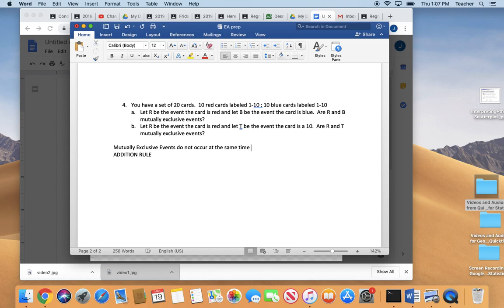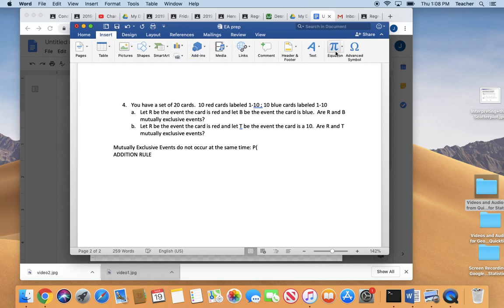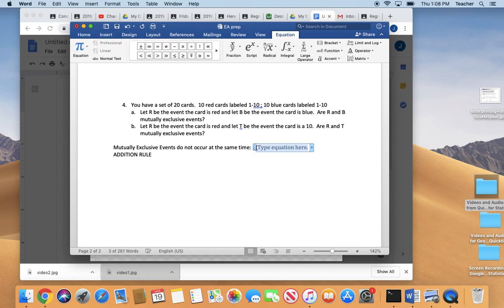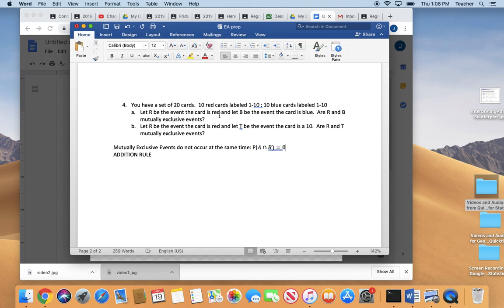And we know that means that the probability of A and B, when you have mutually exclusive events, will be equal to 0 because they're events that cannot occur at the same time. So when it says let R be the event the card is red and let B be the event the card is blue, are R and B mutually exclusive events?